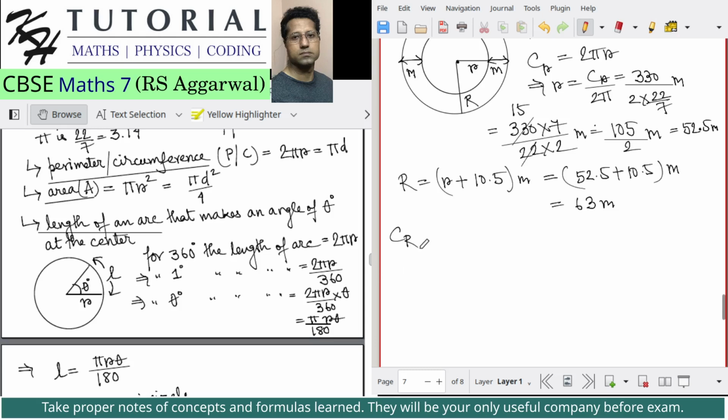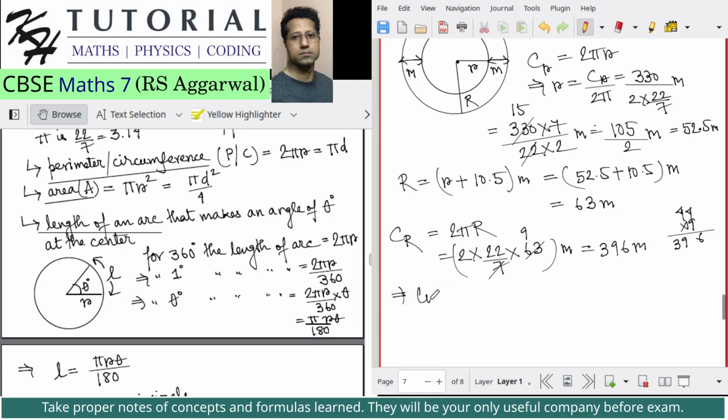Circumference of the outer circle, denoted by C capital R, is equal to 2 pi capital R. This is equal to 2 multiplied by 22 by 7 multiplied by 63 meter. This is equal to 44 multiplied by 9, 36, 39. So this is equal to 396 meter, the perimeter of the outer circle.